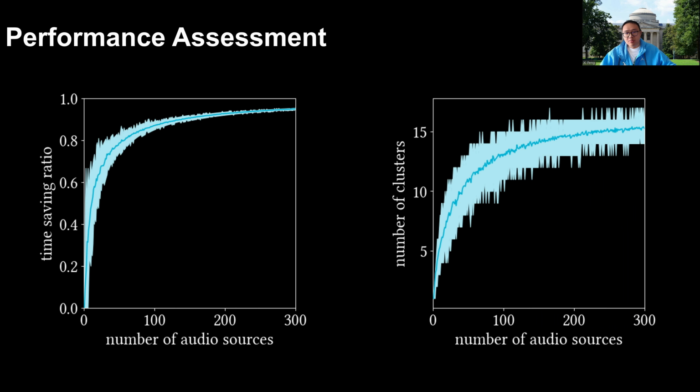We also measured the method's performance with a large-scale audio source clustering simulation as a pressure test. The assessment shows that our algorithm is able to achieve a 94% time-saved ratio and reduce 300 audio sources to 15 sources.